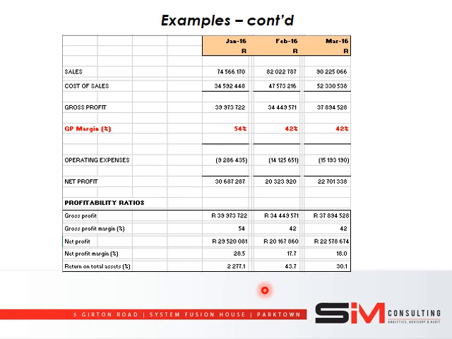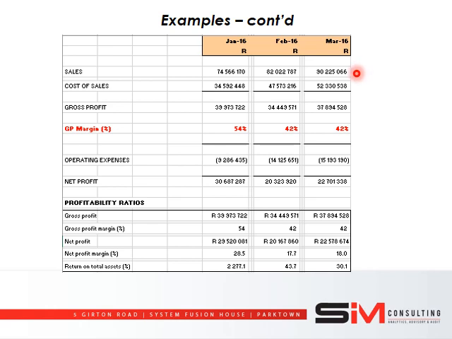Thirdly, he has decided to reduce his operating expenses. So what a business owner will have said: let me increase my sales, let me reduce my costs, let me reduce my operating expenses. Then let's see what happened for the month of March 2016.